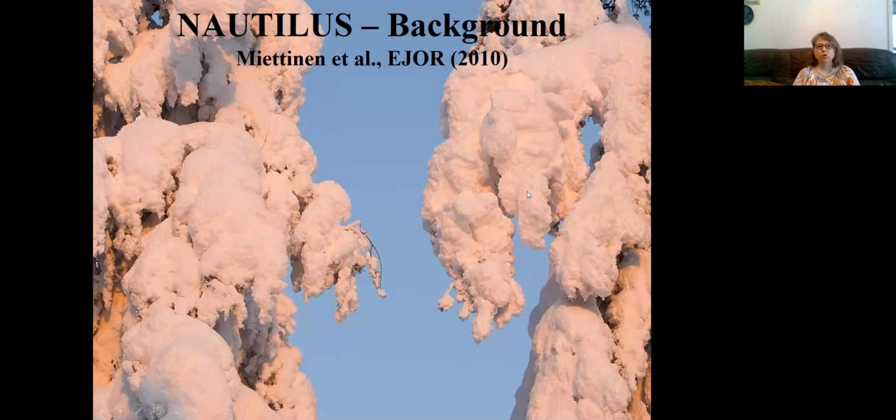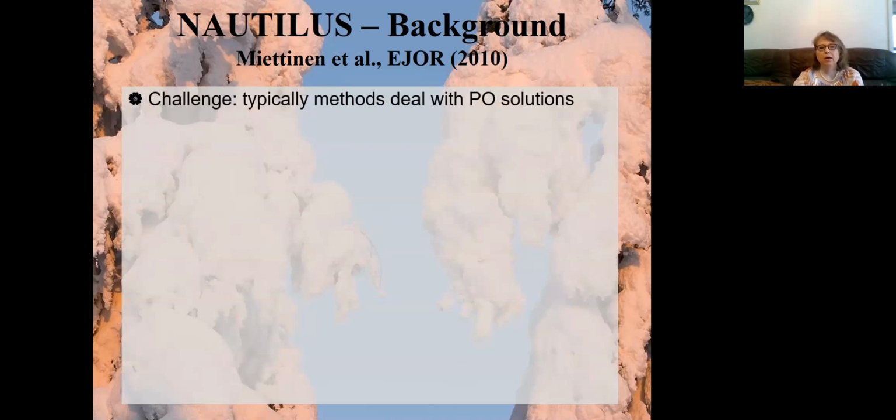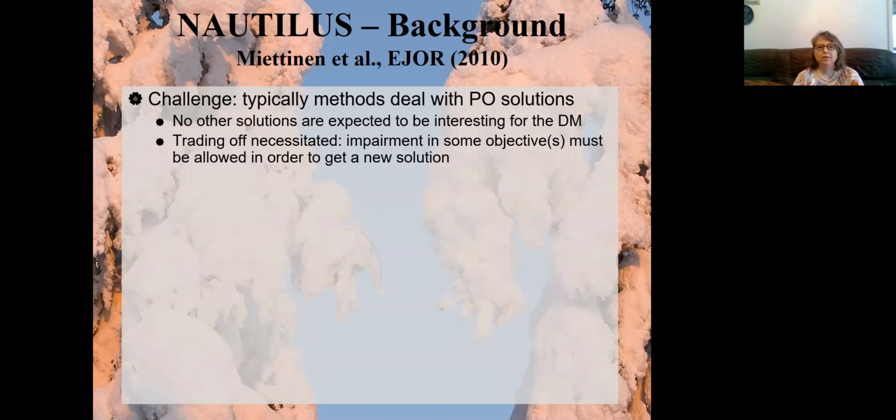So far, I have talked about interactive methods that deal with Pareto-optimal solutions, but one can also think of it in another way. Because of the trade-off, it might be that the decision maker is unwilling to move around from the starting point because of the pain of sacrifices.